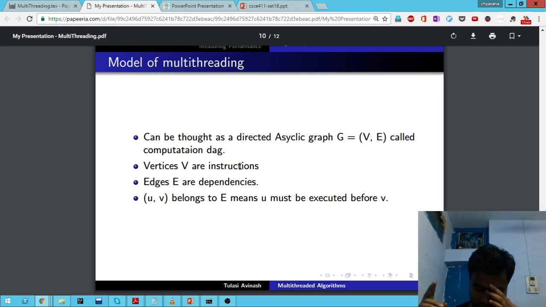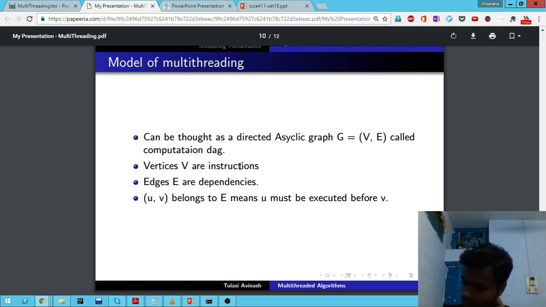So if there is an edge between two vertices, U and V, it means process V should be executed before process U. As we can see here, there is a thread from 2 to 3.